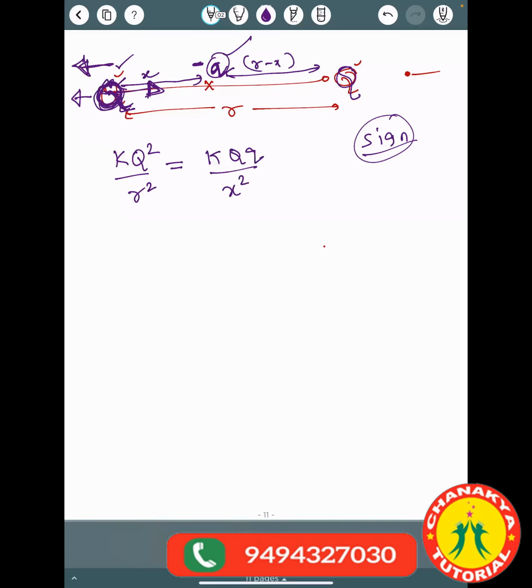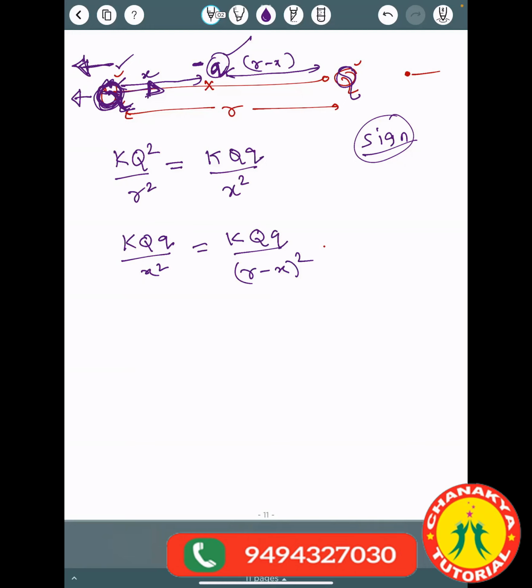Any doubt? No, sir. One more equation you can write: kQq divided by x square is equal to kQq divided by (r minus x) squared. Correct?